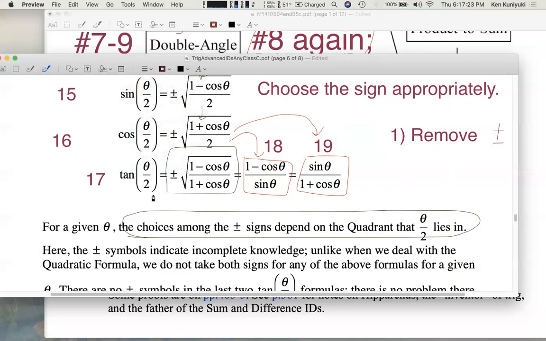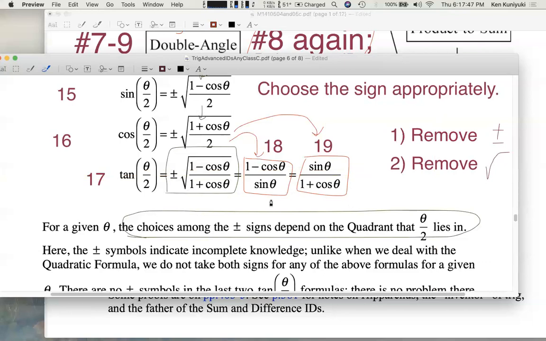So the sign of tangent of half theta will come out automatically from these formulas, assuming it's a real value. Bear in mind, this could be undefined. Second, there's something else we remove. We remove that ugly square root radical. So we also remove that ugly square root radical. Those are 2 things we remove.